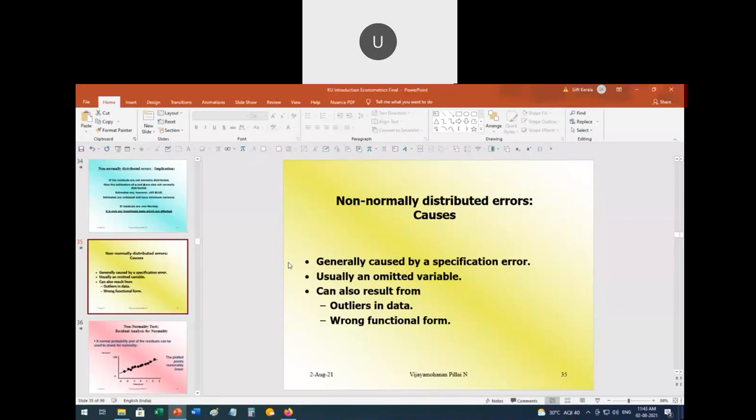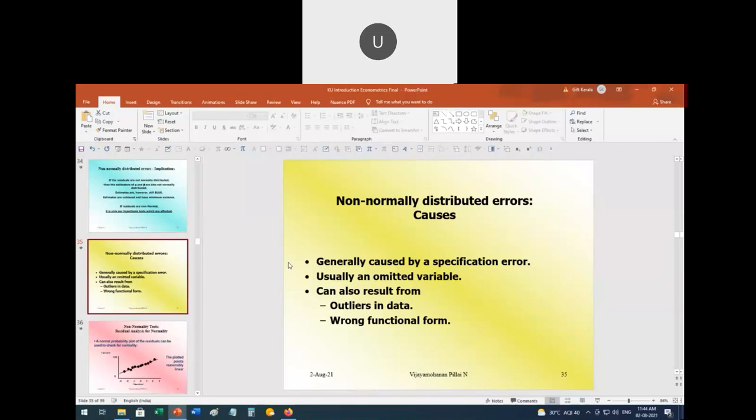But orthogonality refers to the no correlation between the independent variable and the error term. The independence there is between the error term and the explanatory variable X. That is orthogonality.